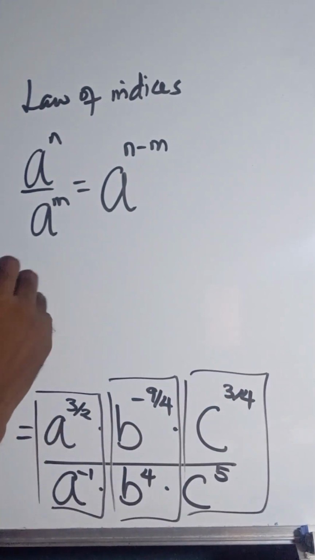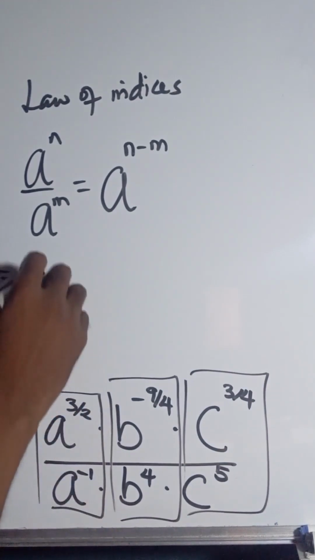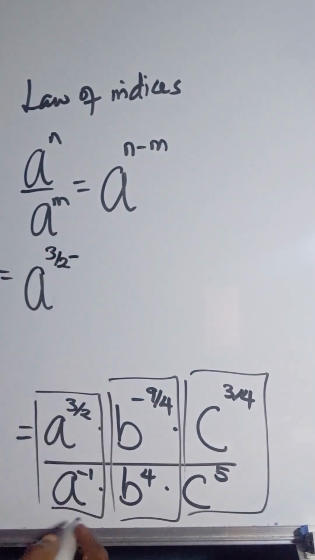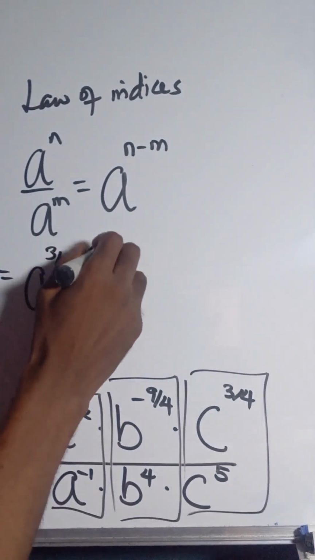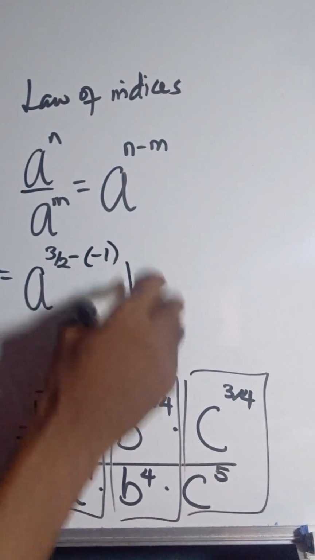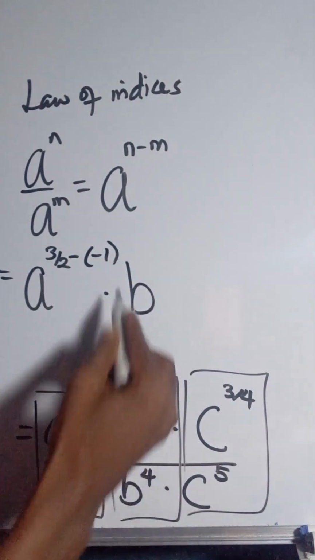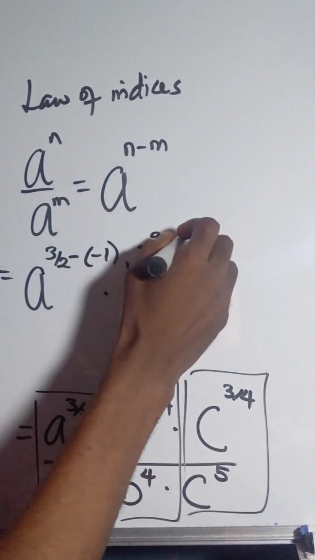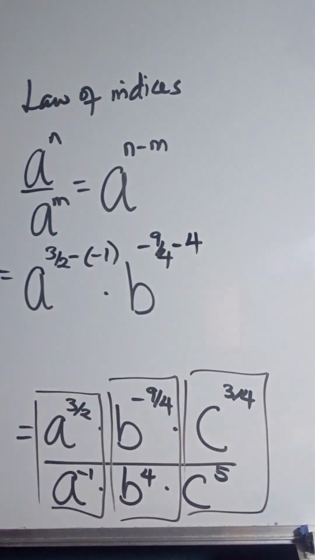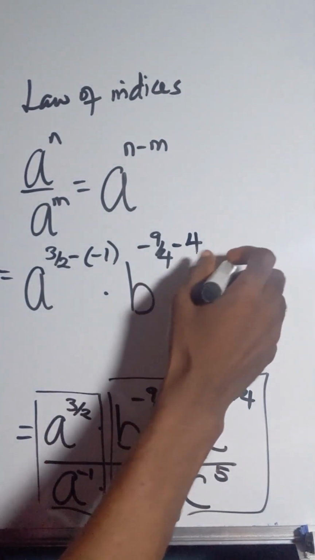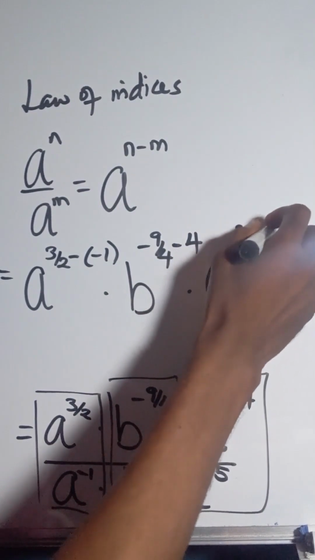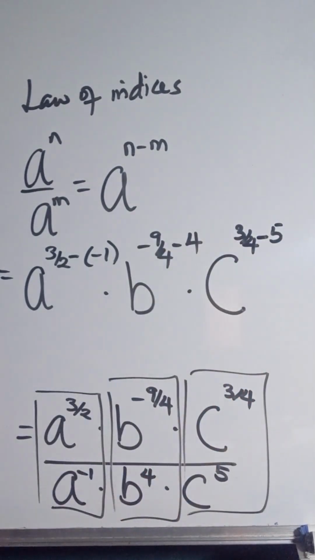So I'm going to have a raised to power 3 over 2 minus, okay, there's another minus 1, multiplied by b raised to power minus 9 over 4 minus 4, and finally c raised to power 3 over 4 minus 5. So that's the expression we have.